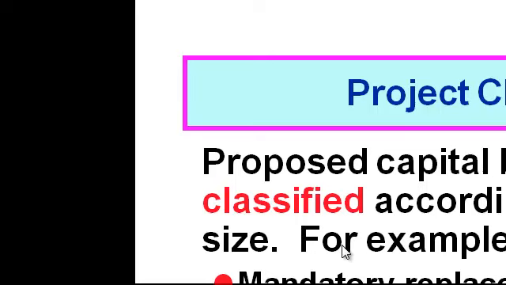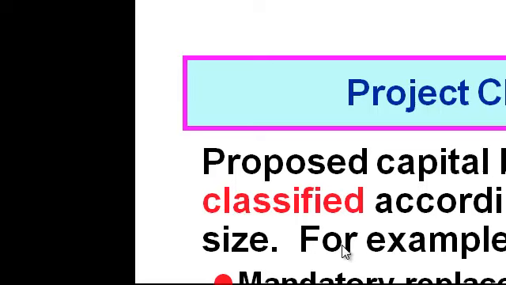If it's super big and super large, you just want to have it separated out because it will need a lot of consideration, where normally the mandatory replacements don't. And then there's always the last category, which is just the catch-all for projects that really don't fit nicely into any of these categories. And there's always something that comes up.